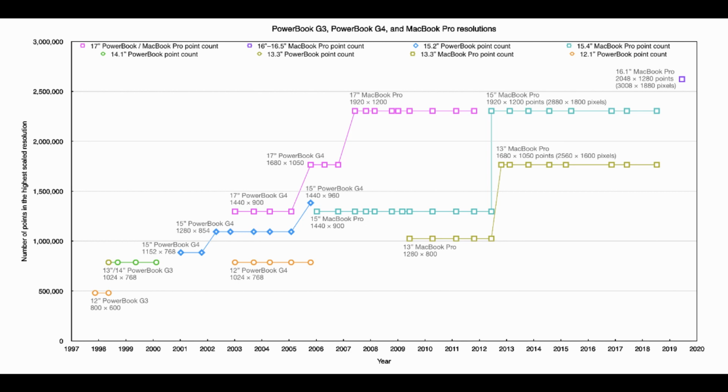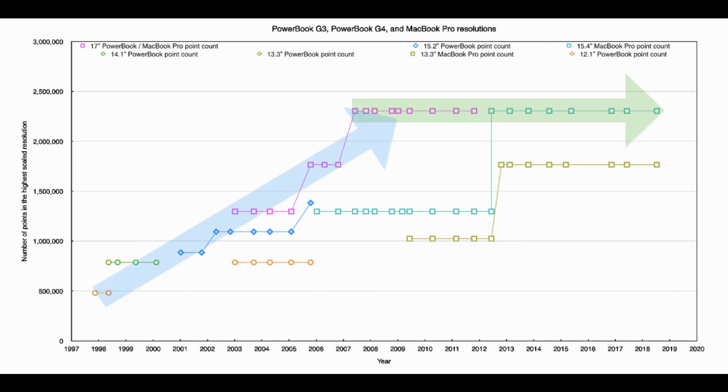The graph that you put together, iMathematician, is pretty fantastic, where we're looking at over 2 decades of information on Mac laptops and their screens and their highest scaled resolution, starting back in the late 90s with PowerBooks that had relatively low-res displays, all the way up to modern MacBook Pros.